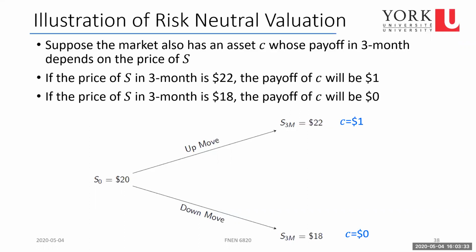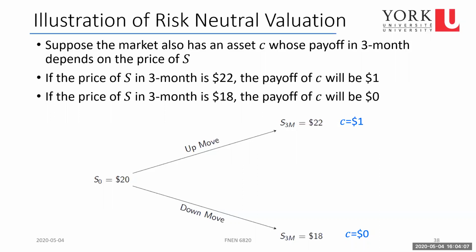Now, suppose you have an asset C whose value is dependent on the value of this particular stock, which is currently traded at $20. If the up movement materializes, where the stock is $22 in 3 months, then asset C will have a value of $1.